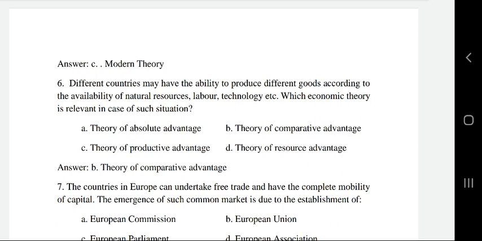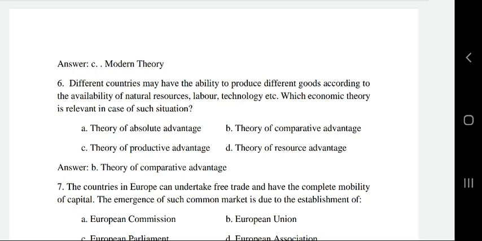It's an economy's ability to produce a particular good or service at a lower opportunity cost than its trading partners. The theory of absolute advantage refers to the ability of a party to produce a good or service more efficiently than its competitors. And the theory of resource advantage proposes that results come from a comparative advantage or disadvantage in resources.